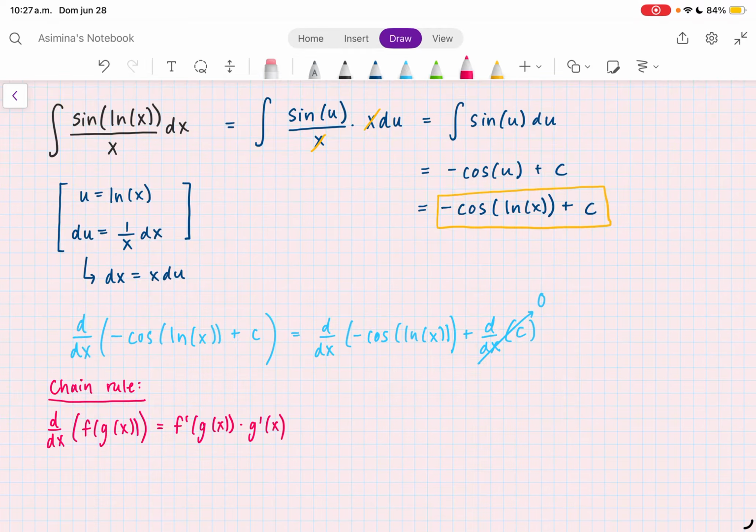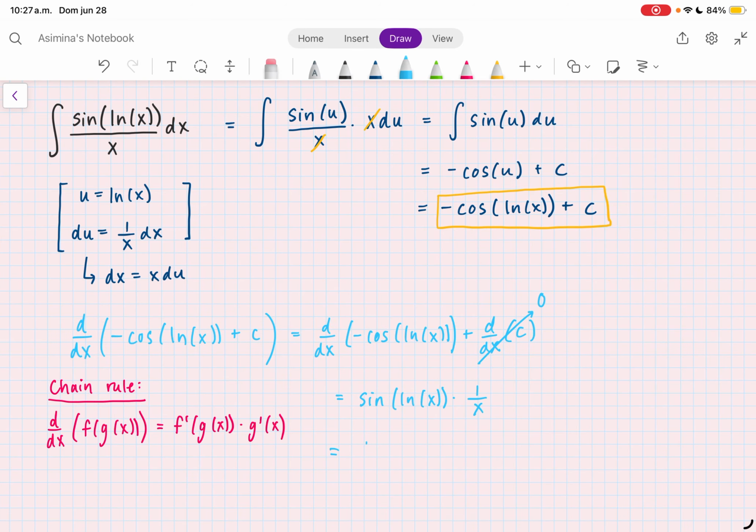Now in our case, f is cosine and g is ln, right? The inside function is ln of x. So what's the derivative of negative cosine? It will be negative sine, so that's just going to be sine of ln of x times the derivative of the inside function, which is ln of x. So the derivative of ln of x is 1 over x.